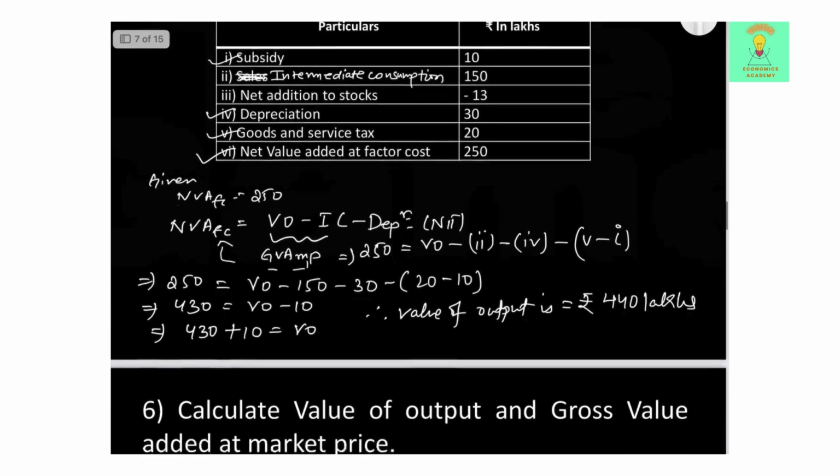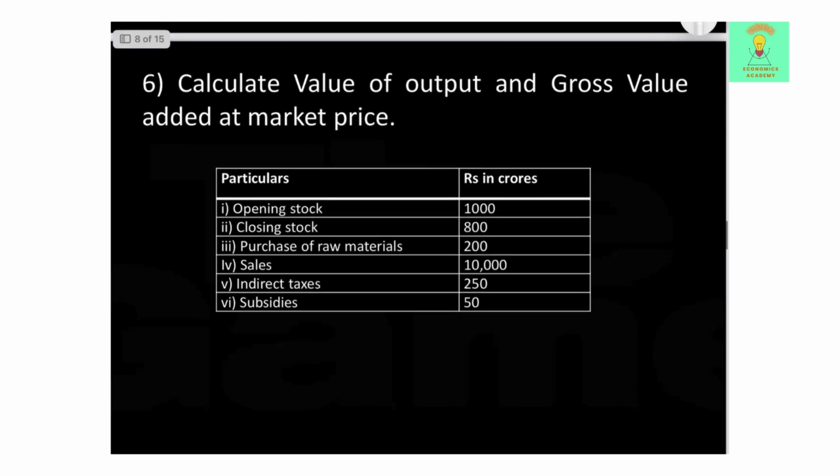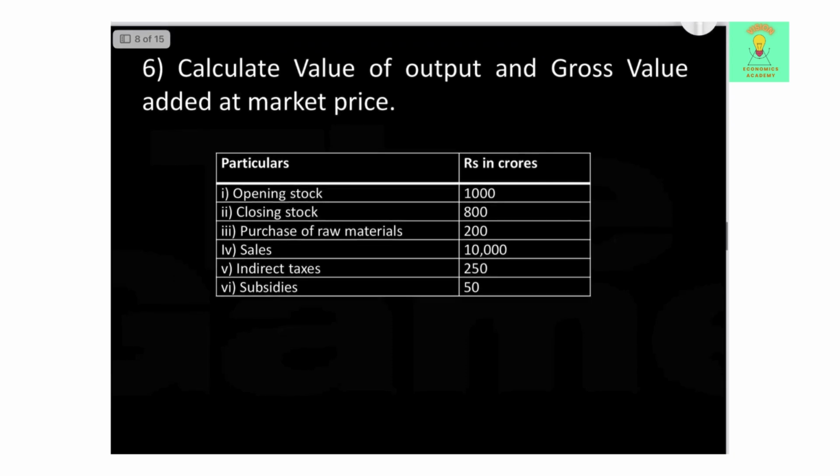All right, these are very easy numericals, and as we go on solving, it becomes fun to solve it, right? And 6 is a very easy question. It has asked you to find value of output and gross value added at market price.